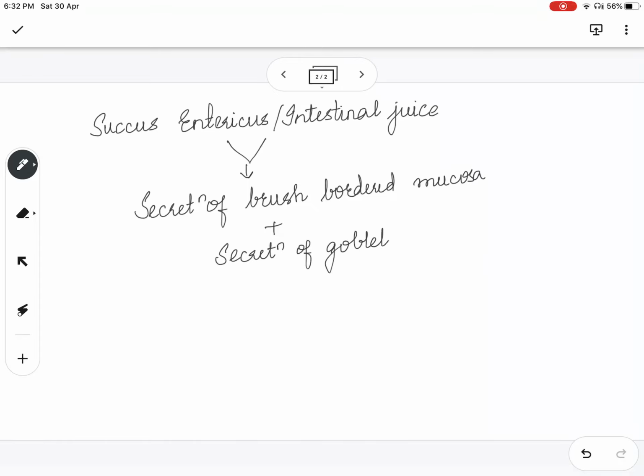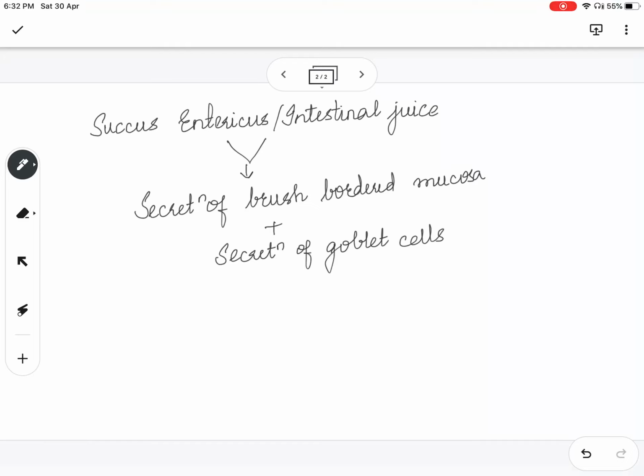The succus entericus or intestinal juice. How is it constituted? That is the secretion of brush bordered cells of mucosa along with the secretion of the goblet cells, that is mucus producing or mucus secreting cells. On the whole, you constitute it as what? Intestinal juice or succus entericus.